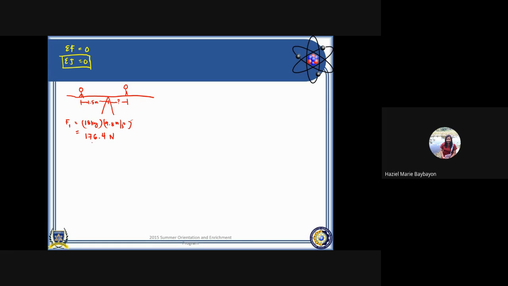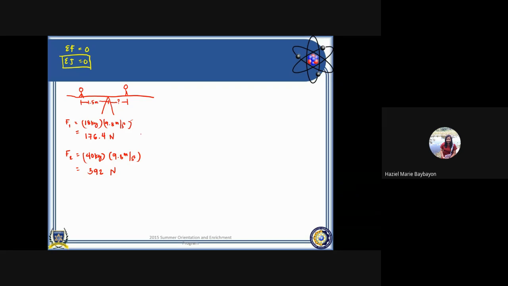This is the force due to the weight of the child. And for the mother, we call it F2. So you have 40 kilograms multiplied by 9.8 meters per second squared. This is equal to 392 newtons.